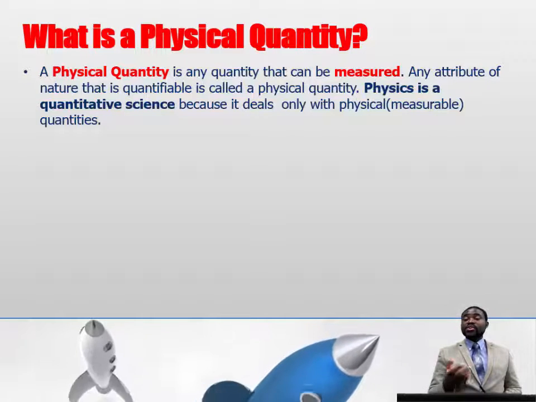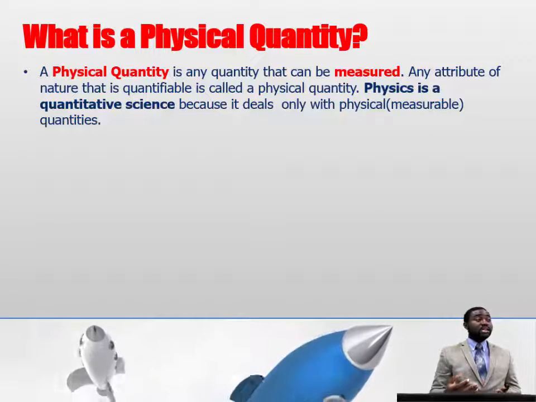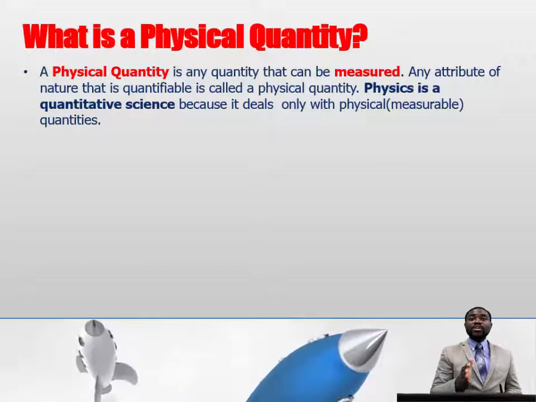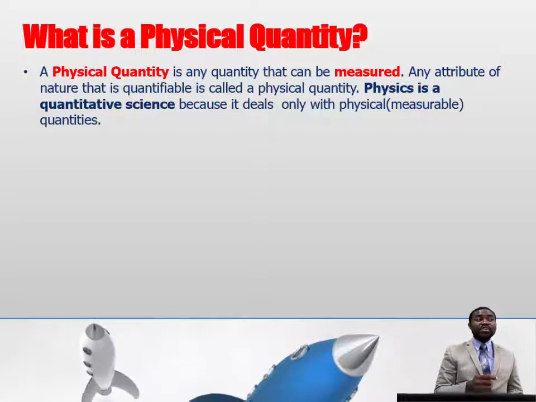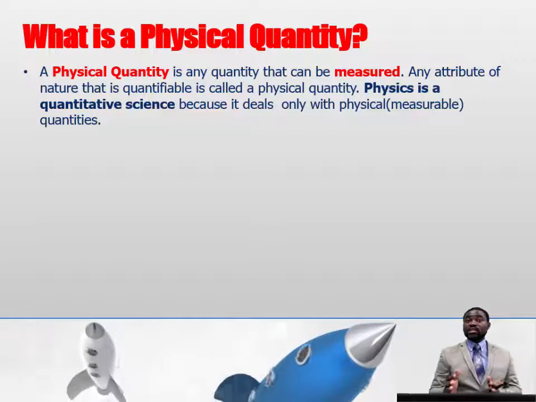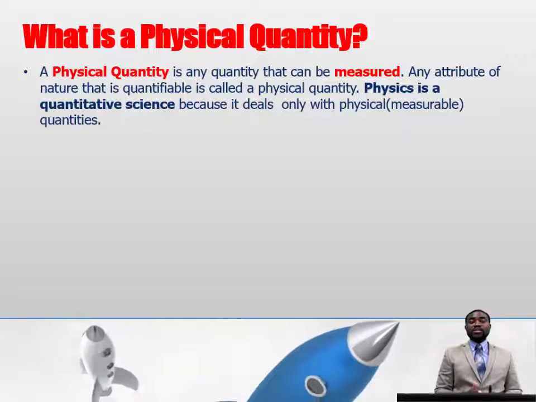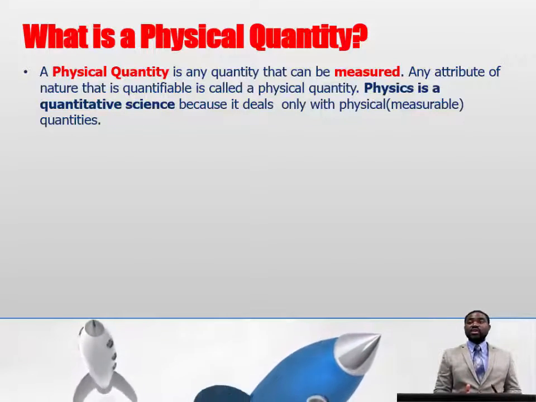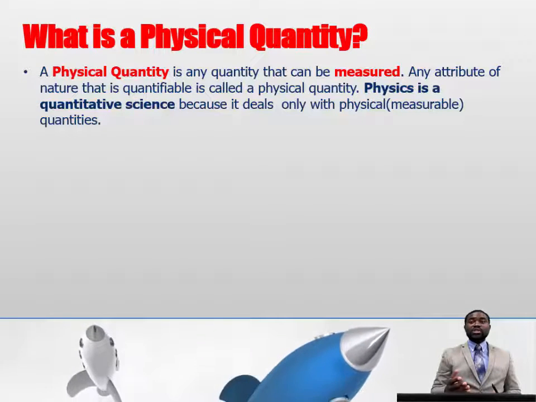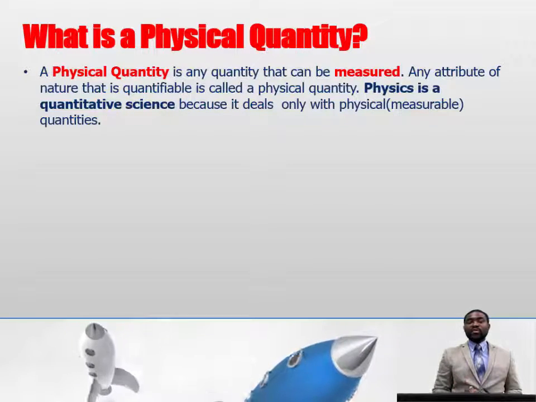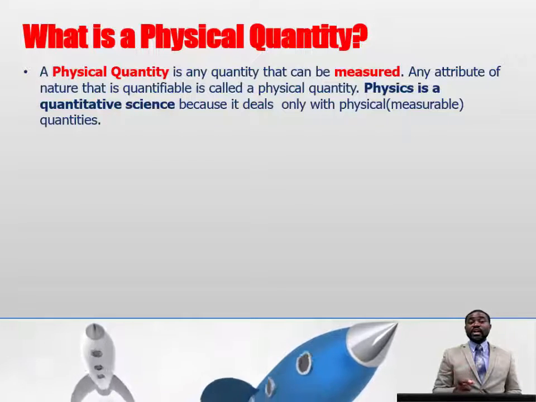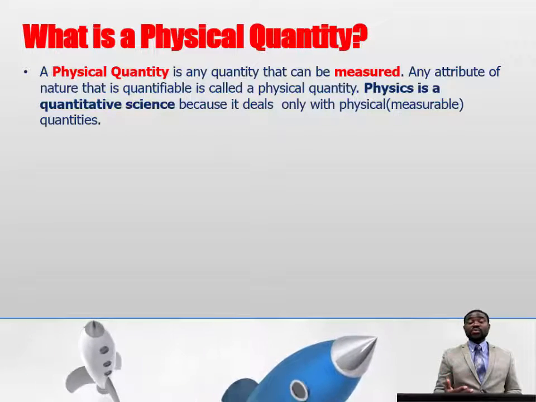Now, the dress you wear depends on the circumstance. The unit used to measure a given physical quantity depends on what? The circumstance. For example, if we are measuring the distance from the Earth to the Sun, it is wise to use kilometers. But if you are measuring the diameter of an atom, it is wise to use what?